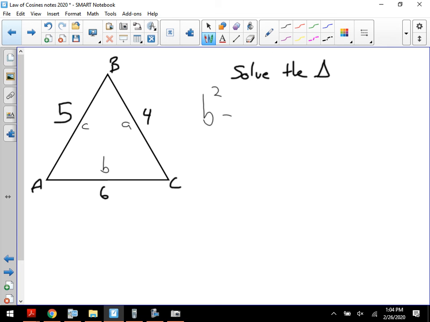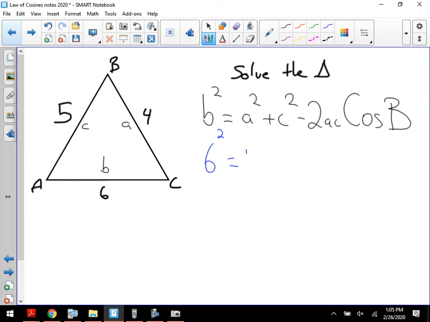B squared is a squared plus c squared minus 2ac cosine of big B. In this case you've got b, a, c, and big B, so four variables. You know three. Fill in the blanks for the ones you know: 6, 4, and 5.